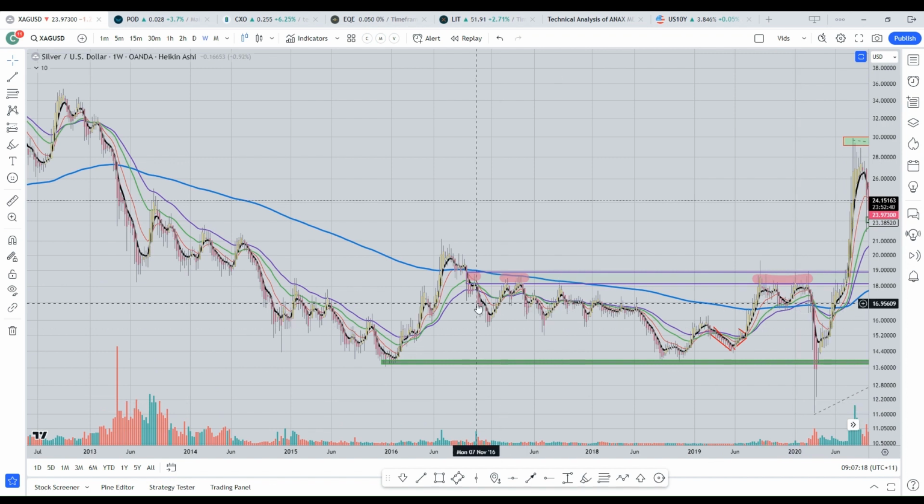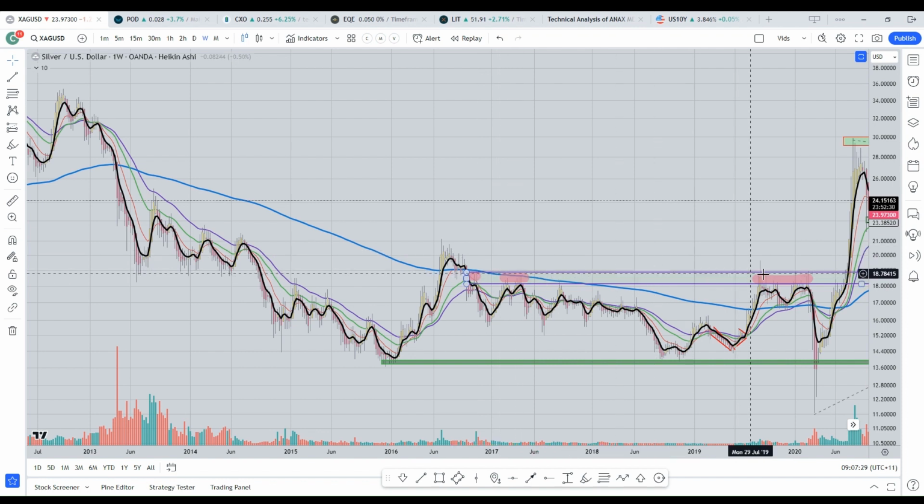The other thing too to note is we've got these points where price stopped rising in this range. So between 18 and 19, this was resistance. And I've marked those spots in red here on the chart. And they're important. Let's go forward. Actually, before we do, you'll notice that we had support here.